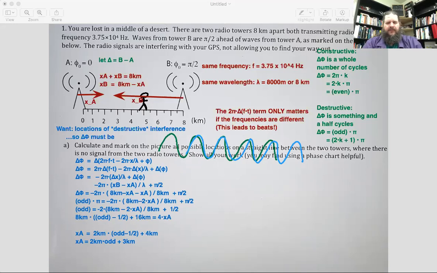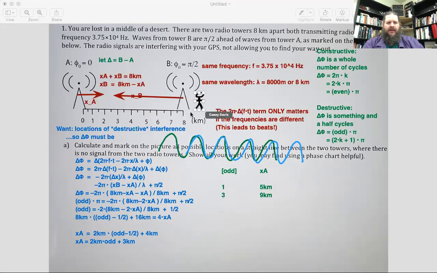What other odd number could we use here? 3. Yeah, let's try 3. If you fill in 3 for the odd number, 2 kilometers times 3 plus 3 would be what value? 9. But what's the problem with that? It only goes till 8, the difference between the two towers.